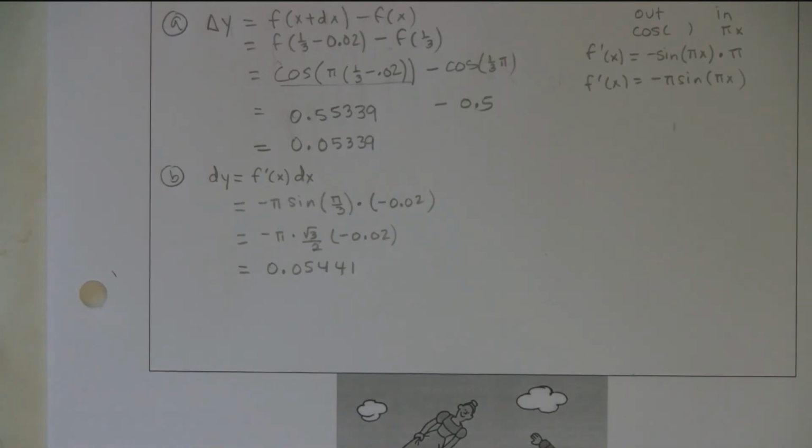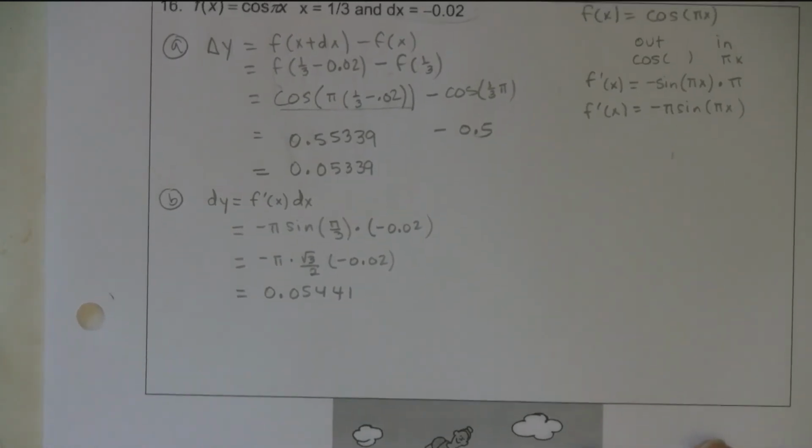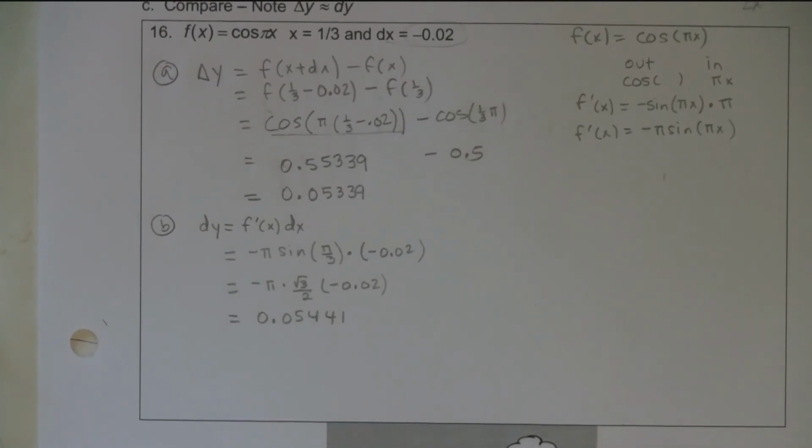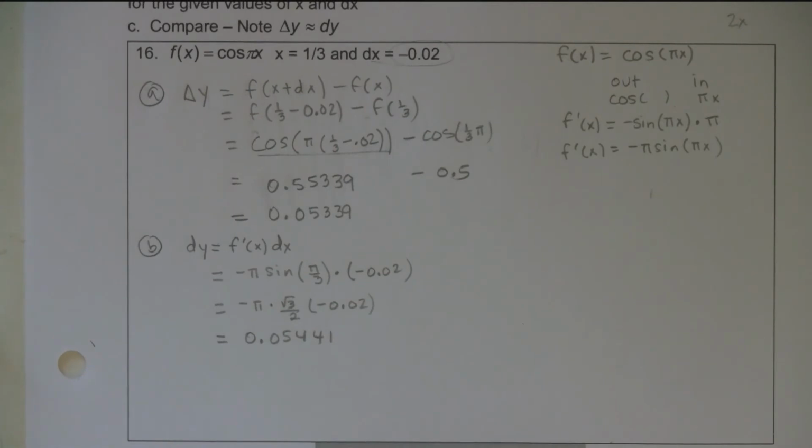The difference there. And when you estimate it, you're using the tangent line. Now, we didn't find the tangent line here, but we certainly could have found the tangent line if we had wanted, right?